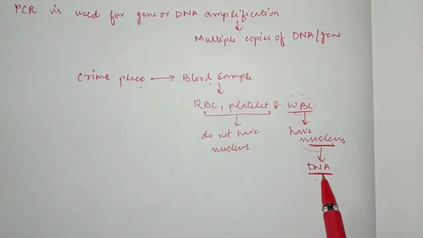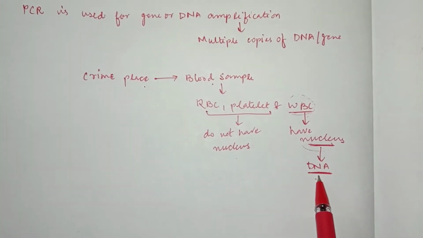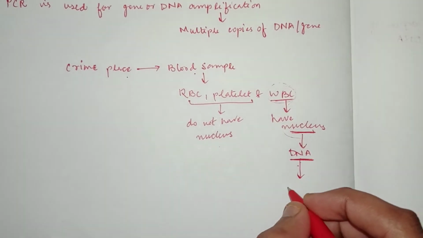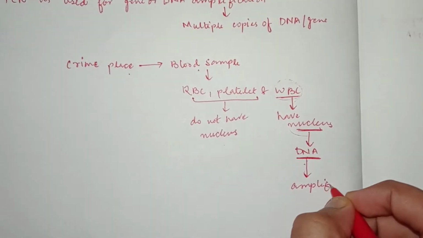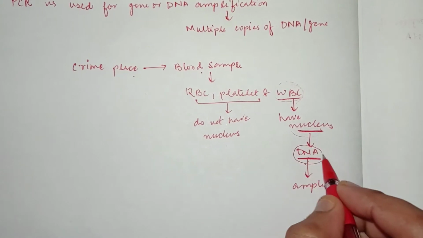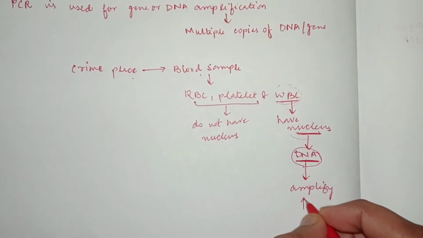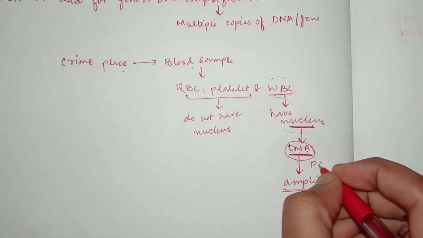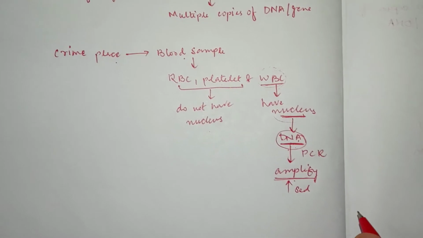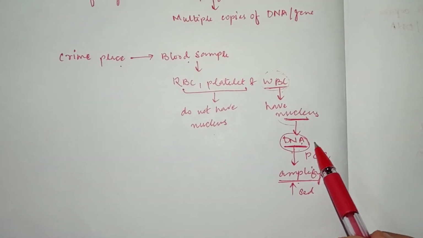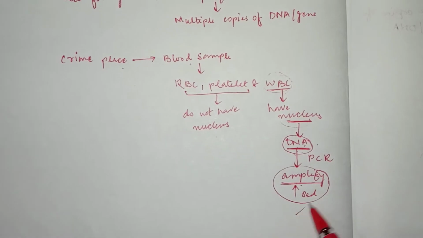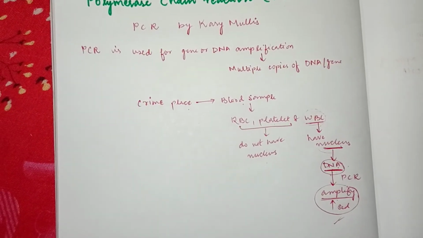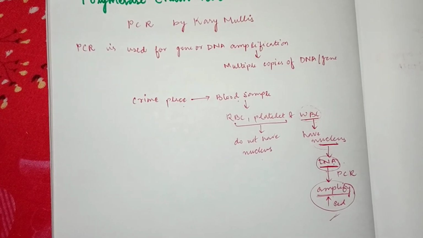And the DNA we get at the crime place is in very small quantity, so we need to amplify it, so that this DNA quantity is increased, and this DNA is amplified by the technique polymerase chain reaction, so that the small quantity of DNA is going to be converted into billion copies of DNA. So let's know the technique of polymerase chain reaction.